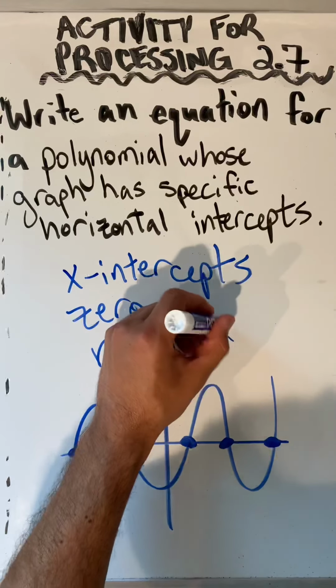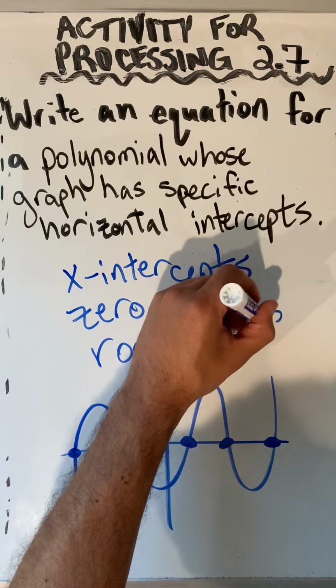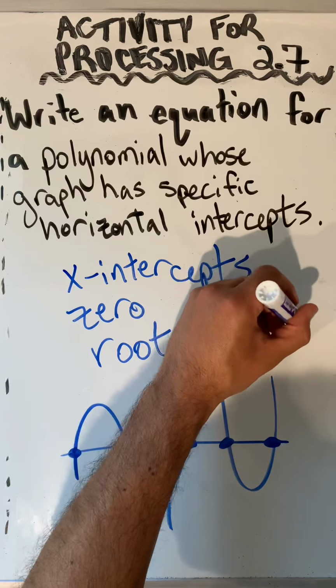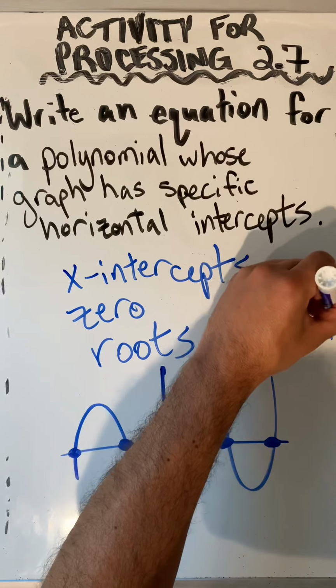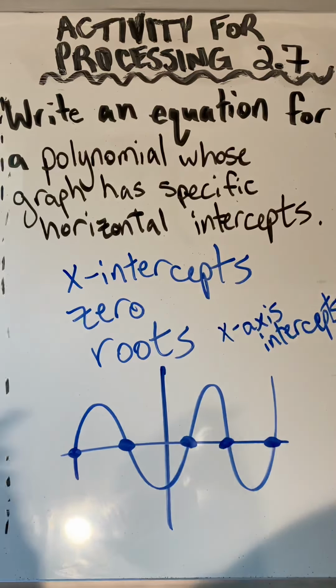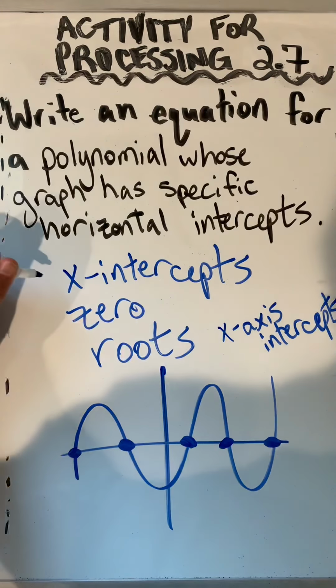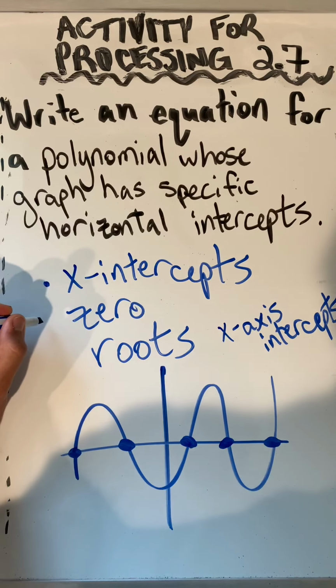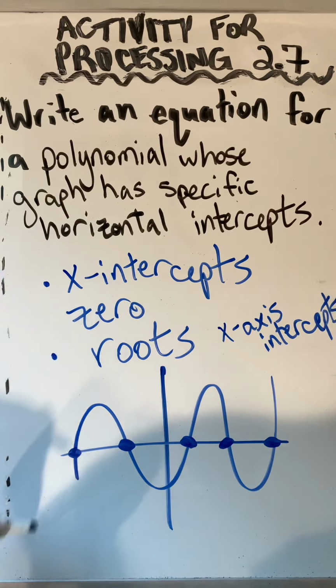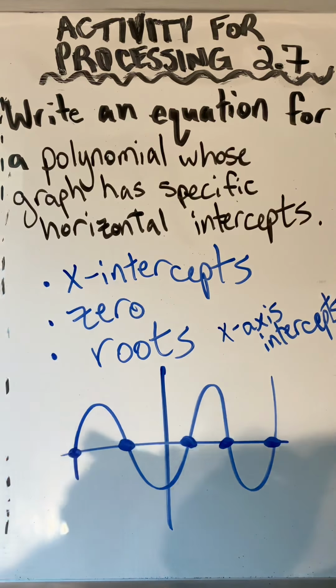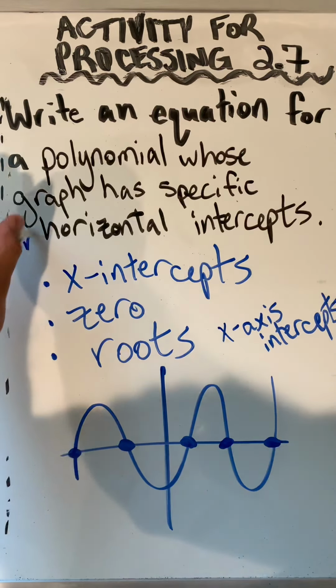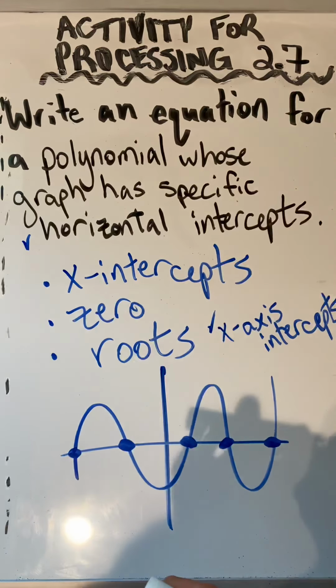We can even call them x-axis intercepts if we really want to. I don't think I've heard this used, but if it was used, I wouldn't be confused, right? I think these are the ones that people most use. But this is acceptable, and this wouldn't be out of the realm of possibility.